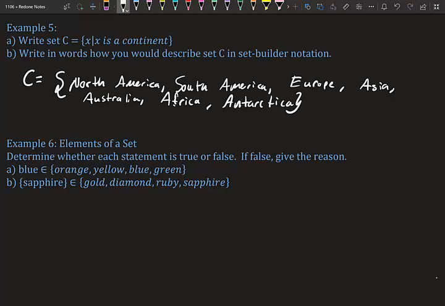So now we want to write part A, x such that x is a continent. We want to write that set builder notation in words.